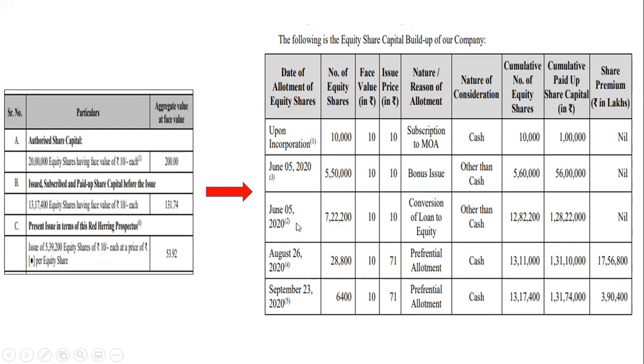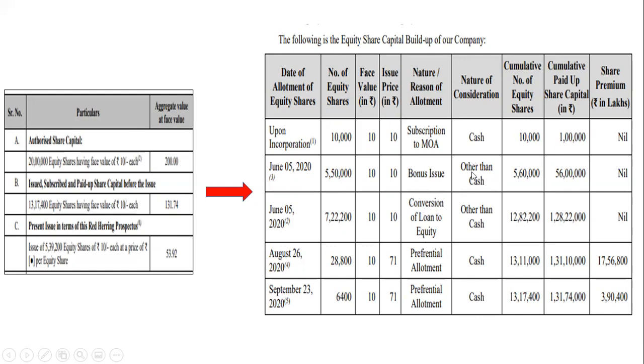Once again, on June 5th, 2020, 7,22,200 shares were issued in the process of converting loans into equity. So the capital increase was not because of a fresh issue to outsiders, but one by bonus issue, the other by converting loans into capital.